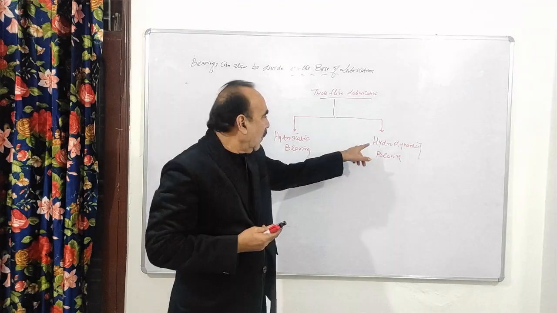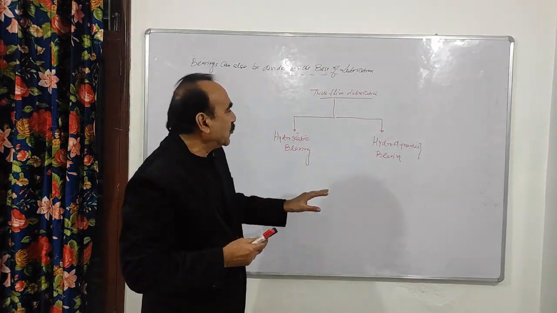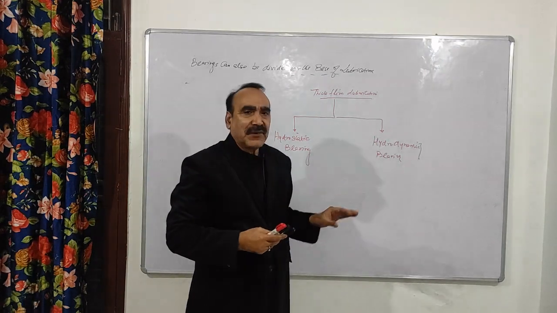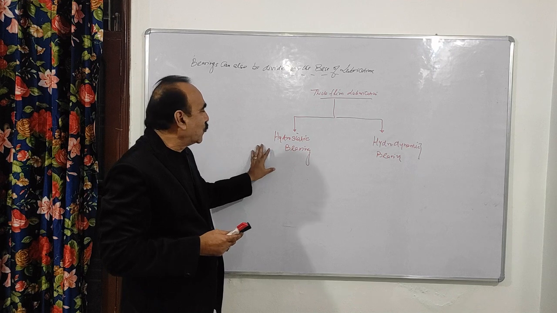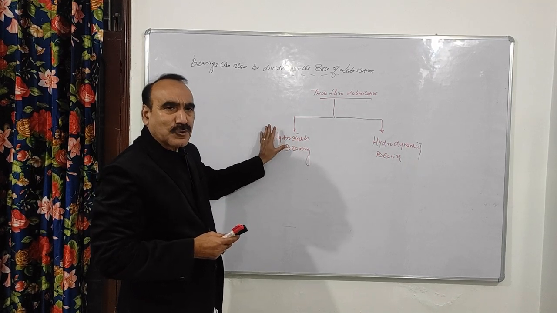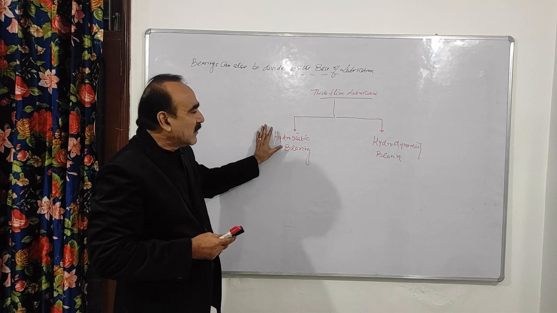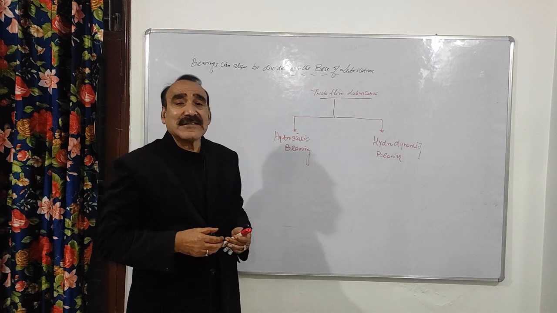Now I will just explain you the hydrodynamic bearing. हाइड्रोस्टैटिक मैंने आपको बता दिया. हाइड्रोस्टैटिक बेयरिंग में what you have to do, आपको एक्सटर्नल सोर्स से प्रेशराइज्ड लुब्रिकेंट you have to supply inside, right? And in case of hydrodynamic bearing there are three stages.